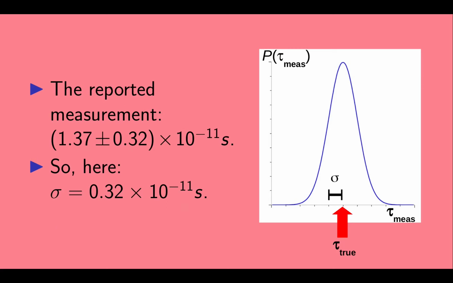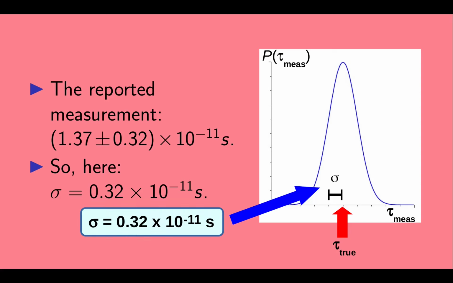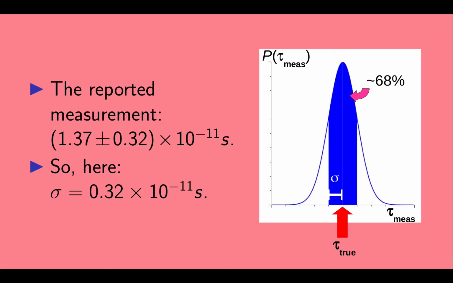The measurement had a reported uncertainty of 0.32 times 10 to the minus 11 seconds, so in this plot, sigma equals 0.32 times 10 to the minus 11 seconds. The measured value would be expected to fall within 1 sigma of the true value about 68% of the time, within 2 sigma about 95% of the time, and within 3 sigma about 99.7% of the time.